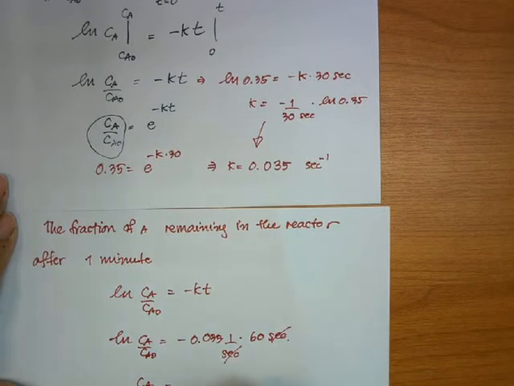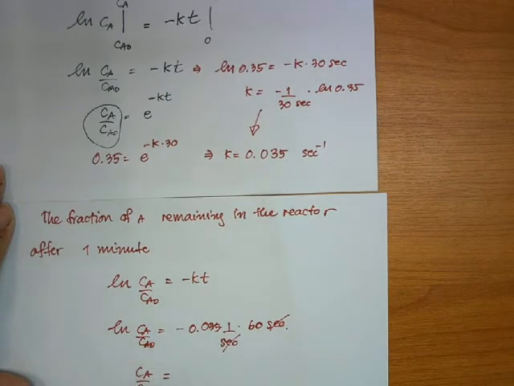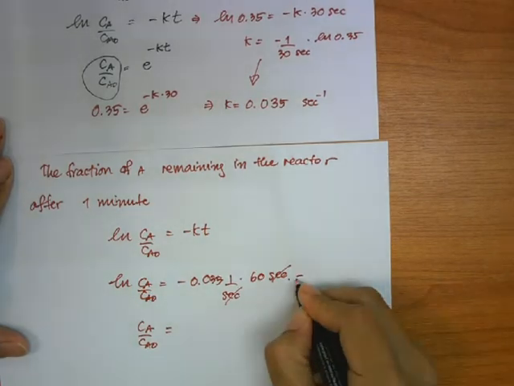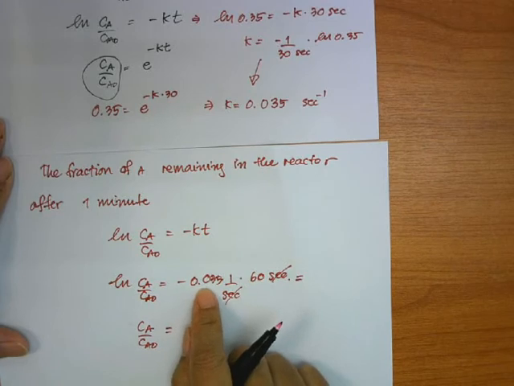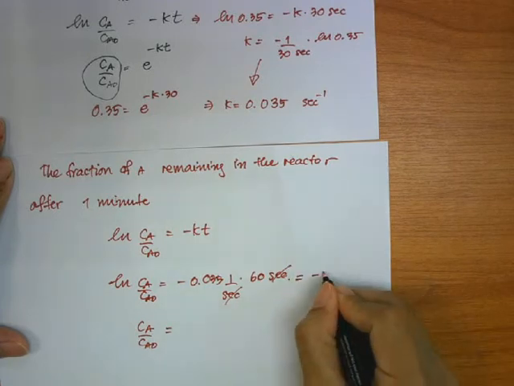No, you've got to do the exponential of that value. It shouldn't be a negative value. The fraction of Ca over Ca0 shouldn't be negative. Okay, minus 0.035 times 60 is equal to minus 2.10.